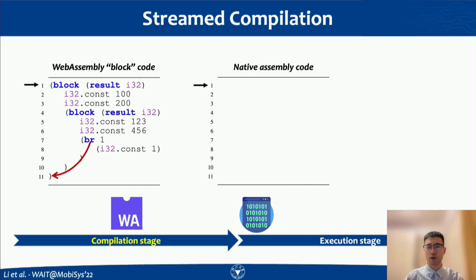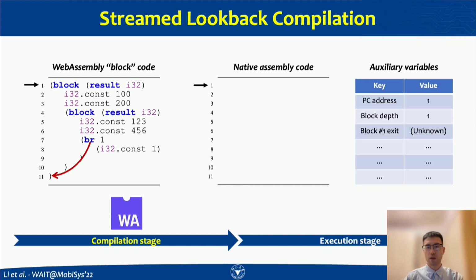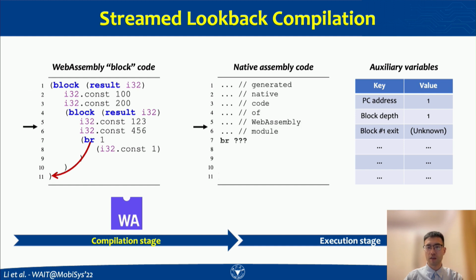When we try to compile the BR instruction, the jump address is unknown because the end of the block is not reached. So in WAIT, we propose a streamed lookback compilation. During the AOT process, WAIT records a set of block states, such as the depth and exit address.